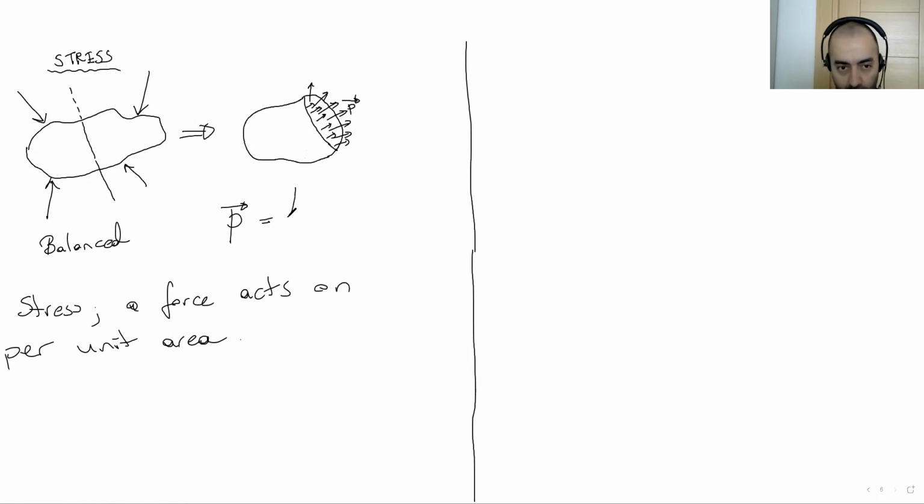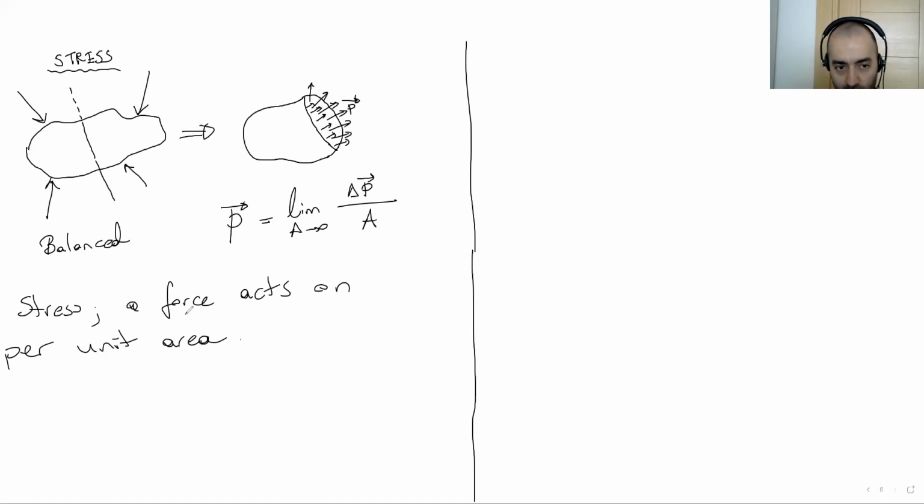We write the limit as the area A goes to zero, the total force P over area.